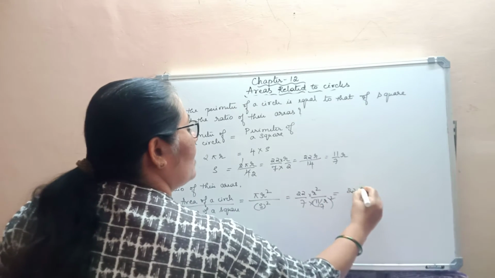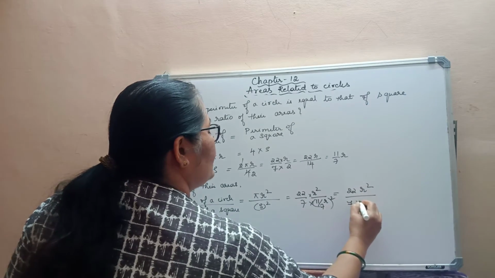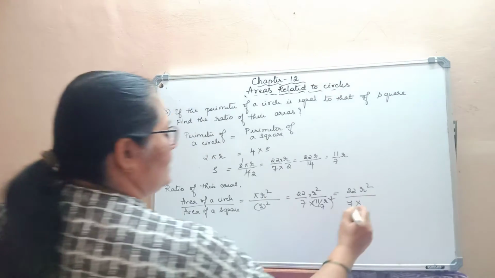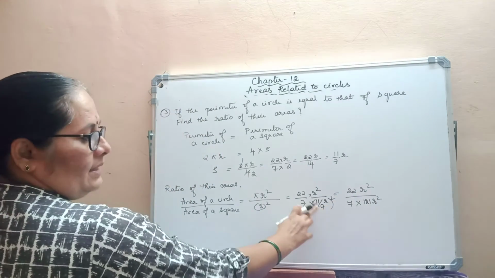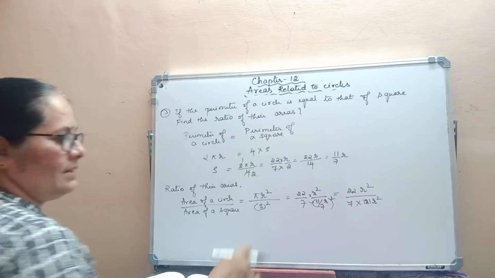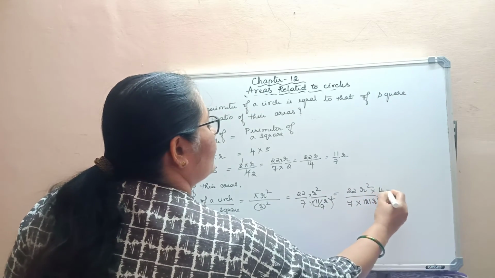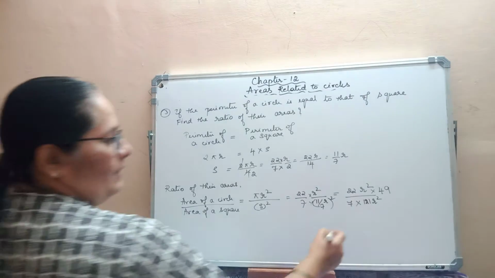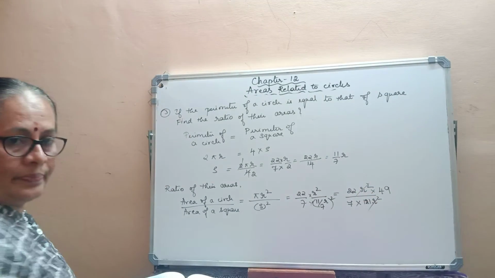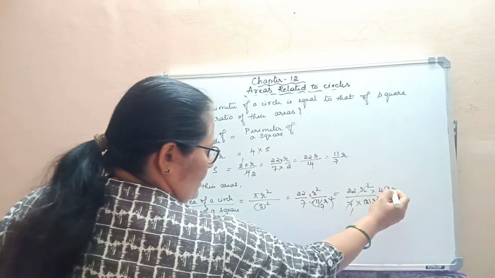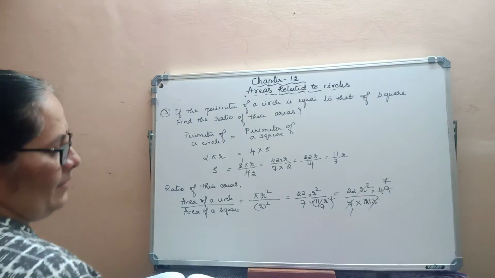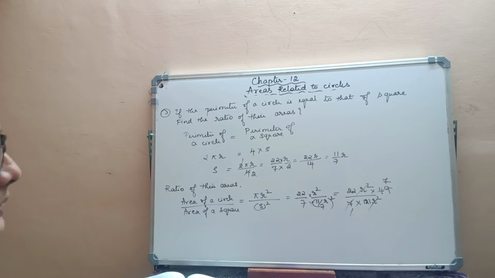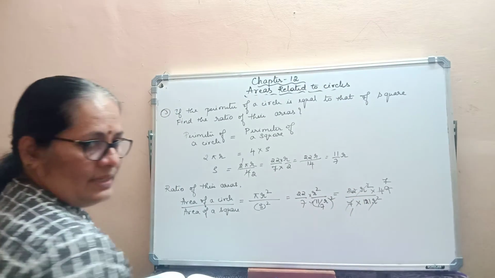So 22 r square divided by 7 into 11 square, which is 121 r square. And 11 by 7 reciprocally is 7 by 11. So 7 square is 49. Now simplify r square. 22 by 121, divide both sides by 11.